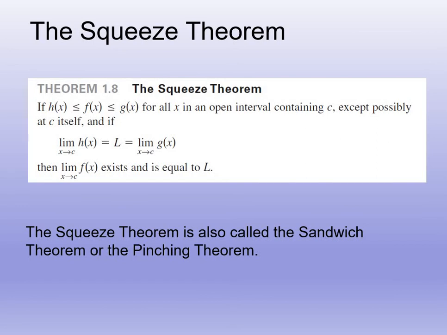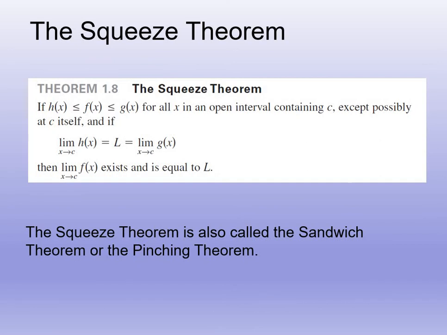If h of x is less than or equal to f of x, which is less than or equal to g of x for all x on an open interval containing c except possibly at c, and if their limits exist, so if the limit of h of x as x approaches c is L, and the limit of g of x as x approaches c is L, that means their limit is the same.